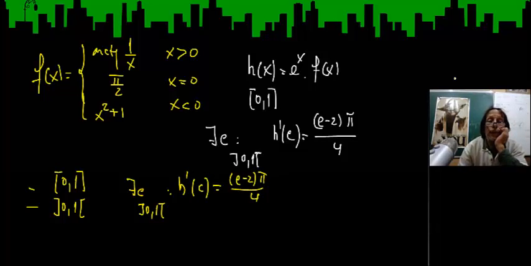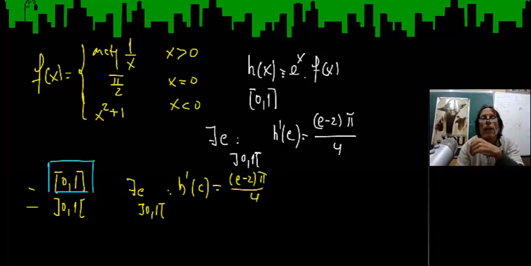So first of all, I'm going to show you that the function h is continuous on the closed interval 0 to 1. As you can see, I have a product here. The exponential is continuous, and the product of two continuous functions is a continuous function. I only have problems with the function f.